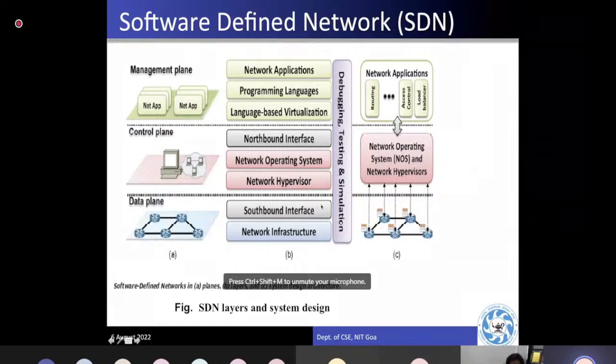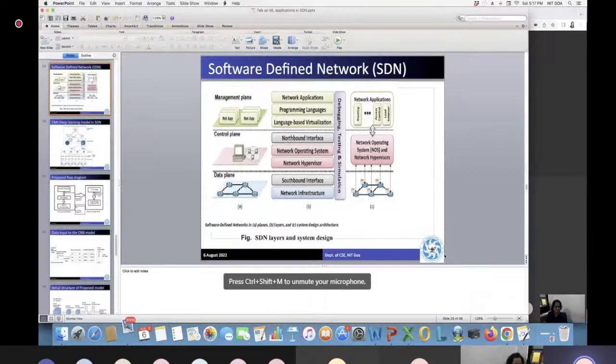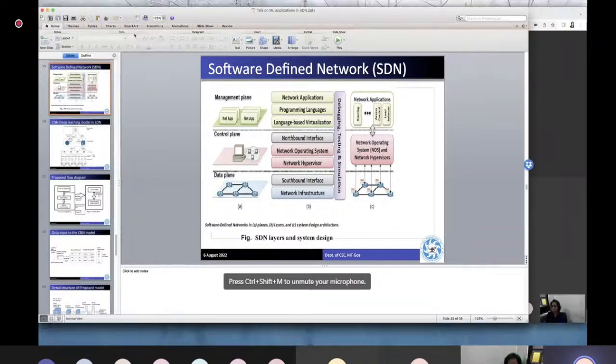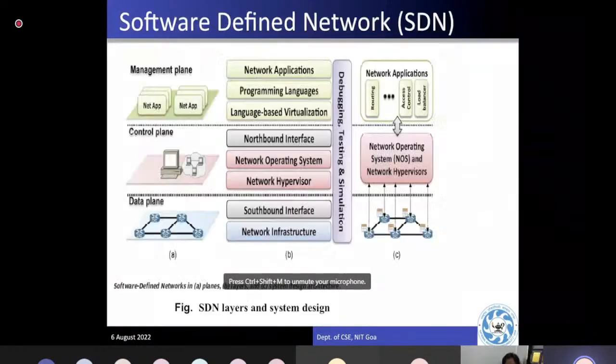If you are really interested to learn more about the software defined network, there is lots of literature. I'd like to write one important point.